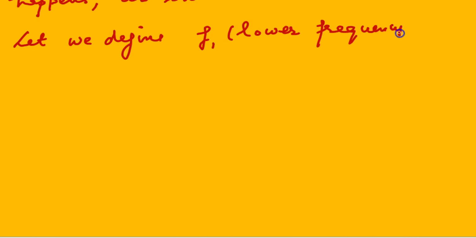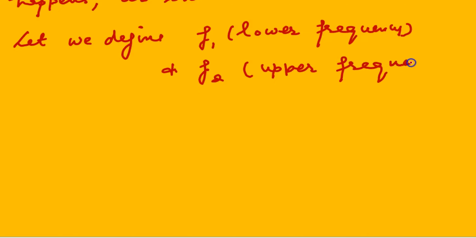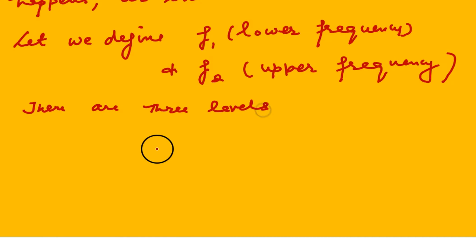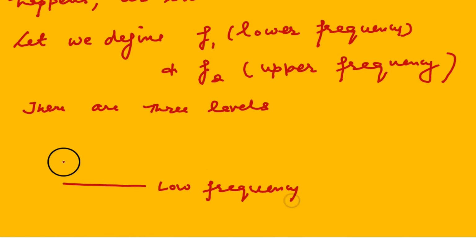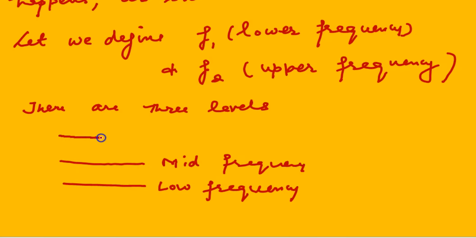We define two frequencies, F1 the lower frequency and F2 the upper frequency. There are three levels: low frequency, mid frequency, and high frequency.